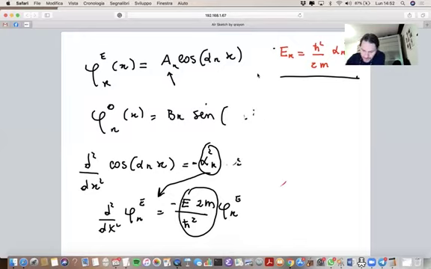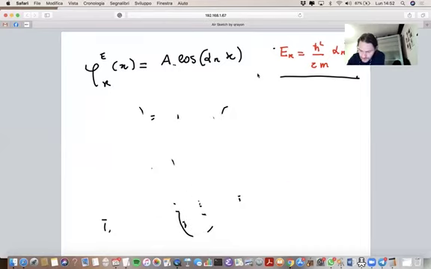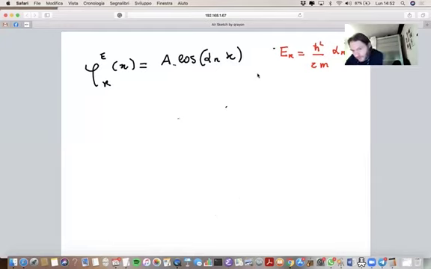Now, this equation apparently depends on a free parameter that is alpha k. But then we use the second piece of information we know, in other words, that the wave function must vanish at L half and minus L half.